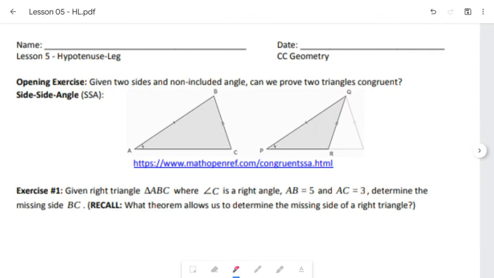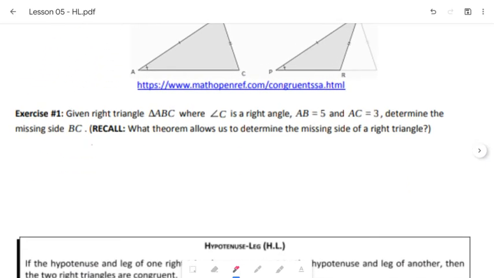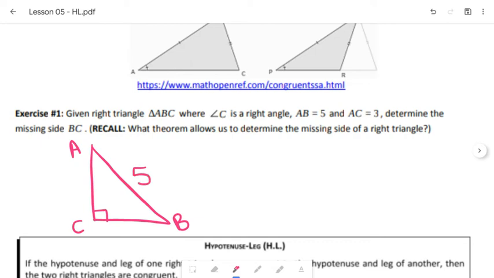So let's say we had a right triangle ABC, where C is the right angle. Now this is separate from our example here. So it doesn't matter where I put A or B, because either one would be fine. AB is 5, AC is 3, and we want to find the missing side.